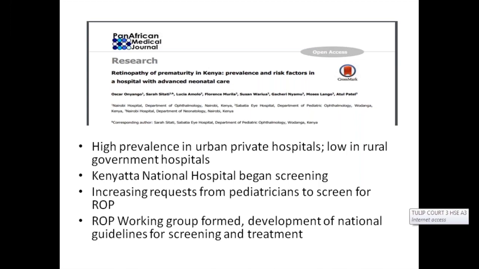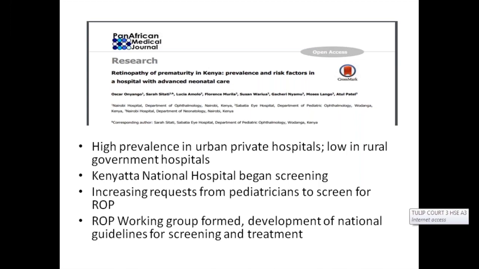Over the next few years, the main national hospital, which is Kenyatta, started screening for RoP regularly. We also received increasing requests from pediatricians all over the country to implement RoP screening in hospitals where we had ophthalmologists. We also formed the RoP working group.